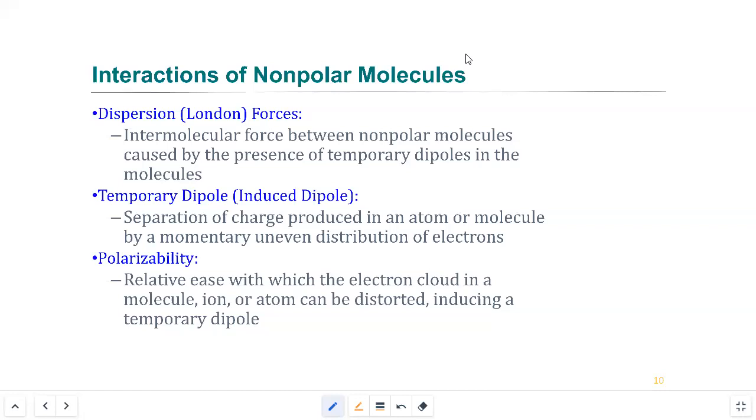Now, London forces are also governed by another idea called polarizability. Polarizability is basically how easy it is to create these temporary distortions. And there are 2 factors that generally go into that.